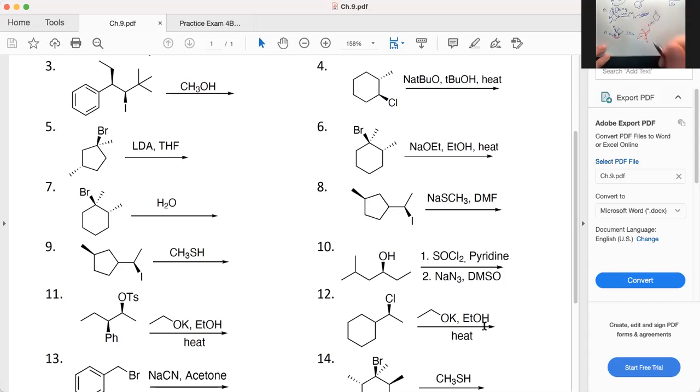So notice that the proton on beta 2 is not accessible, all right? So that leaves us, even though we have what the expected conditions would be to give a Zaitsev product, we're still going to get the Hofmann here, okay? So essentially, that end product here is going to look like that.